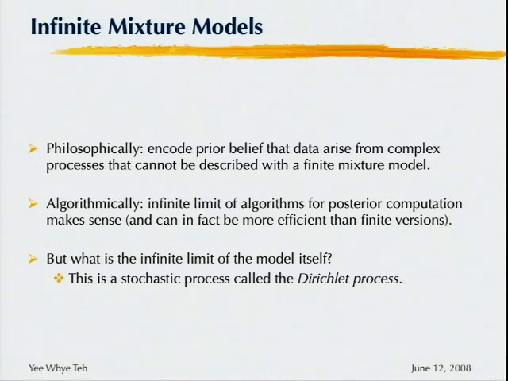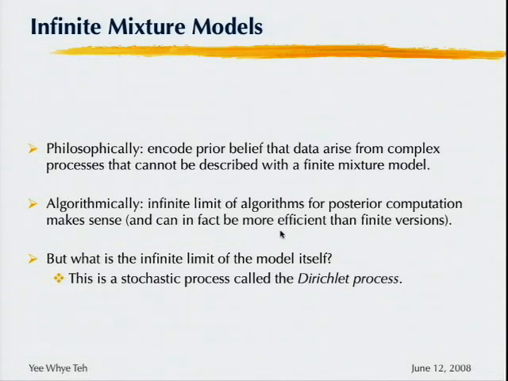Algorithmically, this infinite limit can be seen as an infinite limit of algorithms for posterior computations for the mixture model. I think both Radford and Carl came to this idea of an infinite mixture model from this algorithmic perspective.